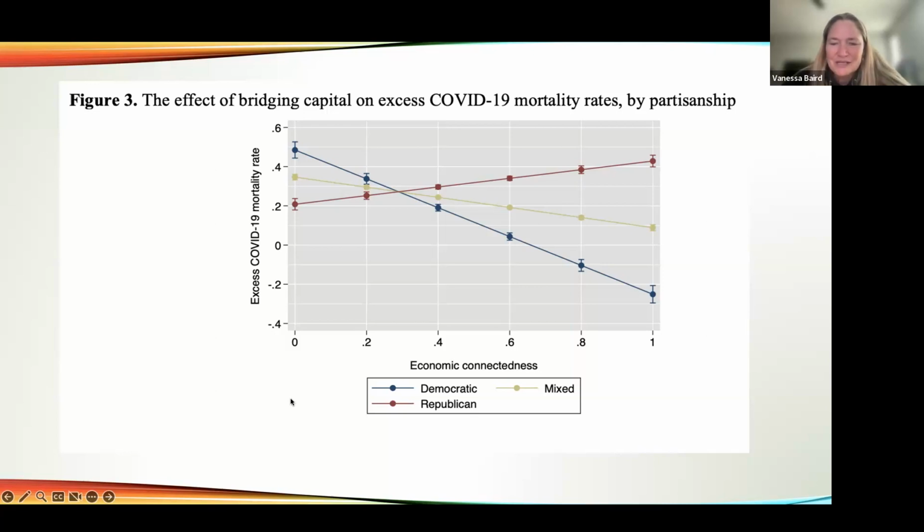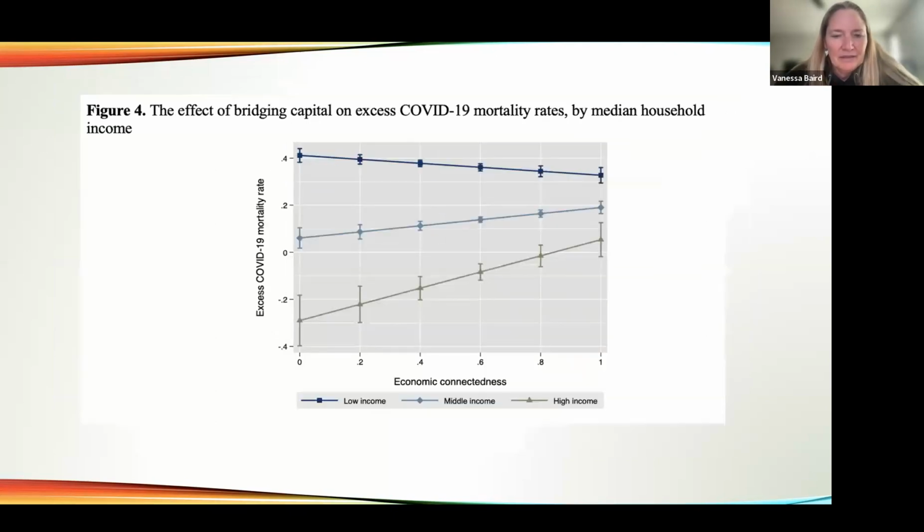What do you think is going on there? Why did bridging social capital reduce deaths so much in Democratic counties as compared to increasing them in Republican counties? Anyway, you don't have to think about that for very long.